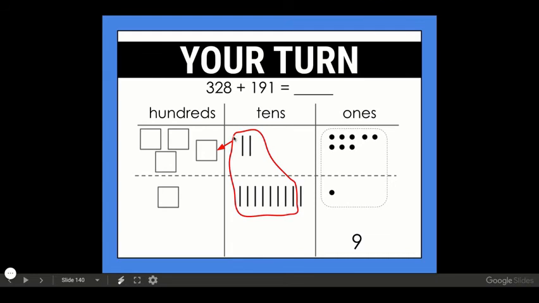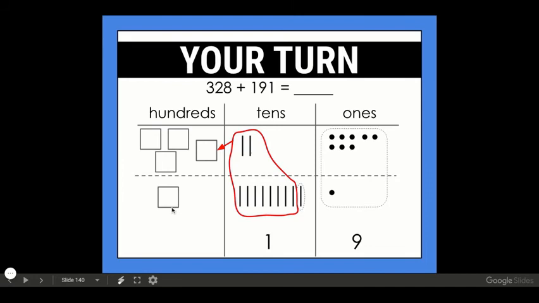And once you circle them, you're going to draw an arrow and then add in 100. Let's look back. How many tens did we have left? We had just 1 ten left.